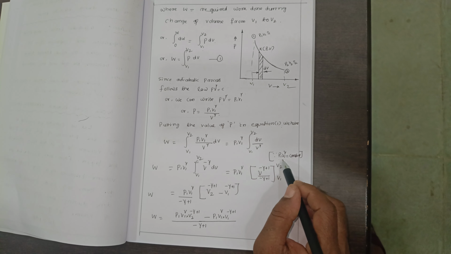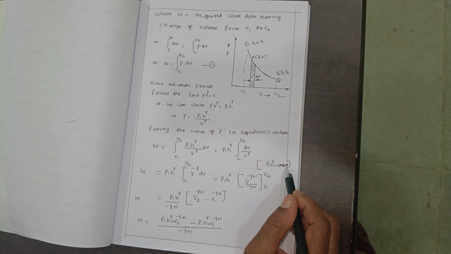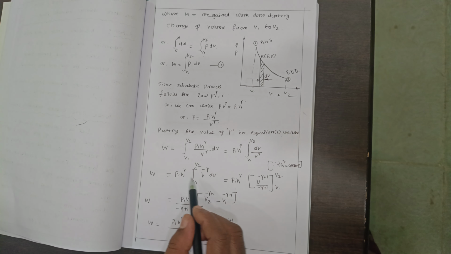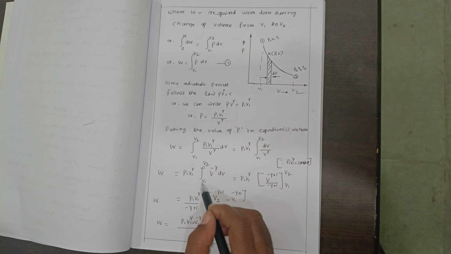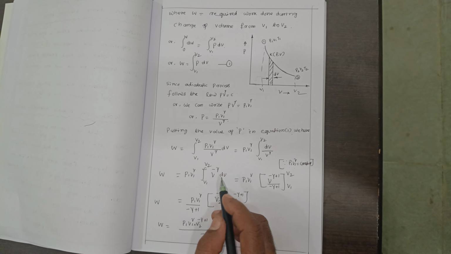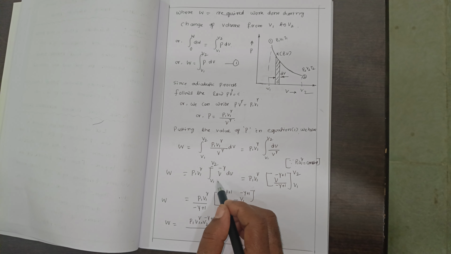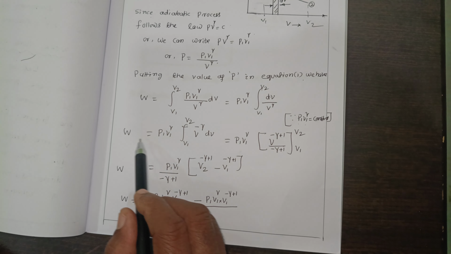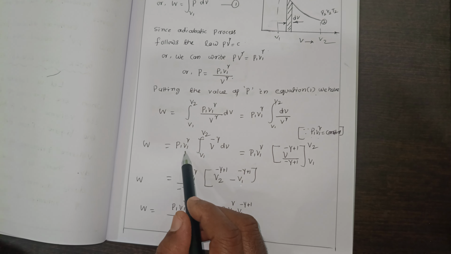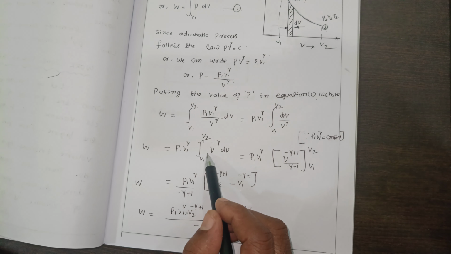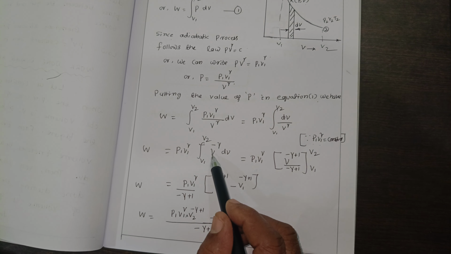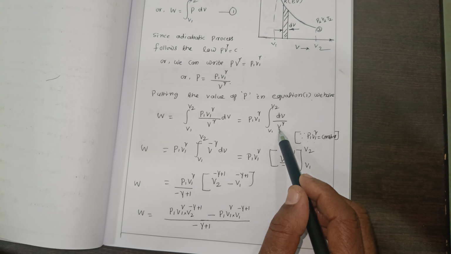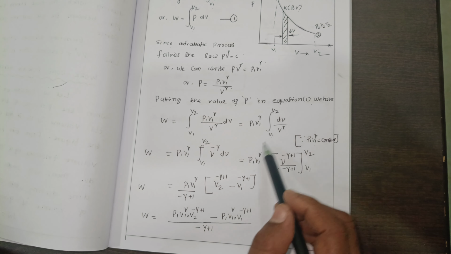Since P1 V1 to the power gamma is a constant term, W is equal to P1 V1 to the power gamma times the integration of V to the power minus gamma dV with the limit V1 to V2, because V to the power gamma in the denominator becomes V to the power minus gamma in the numerator.